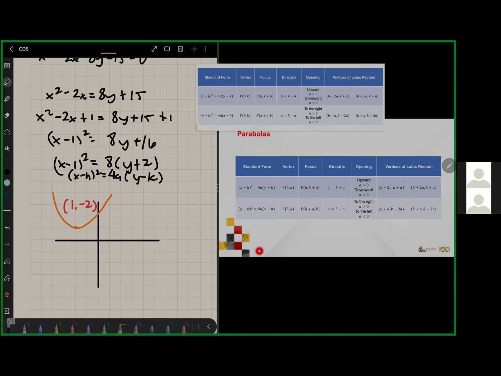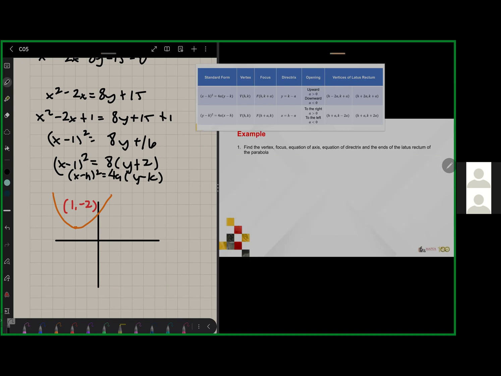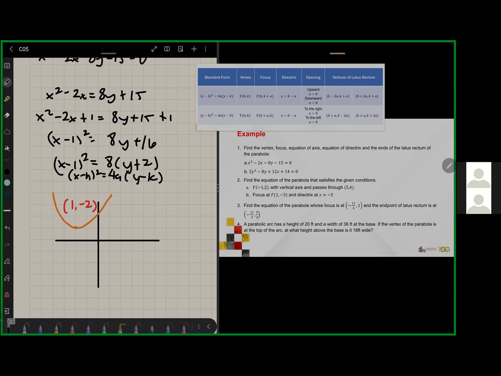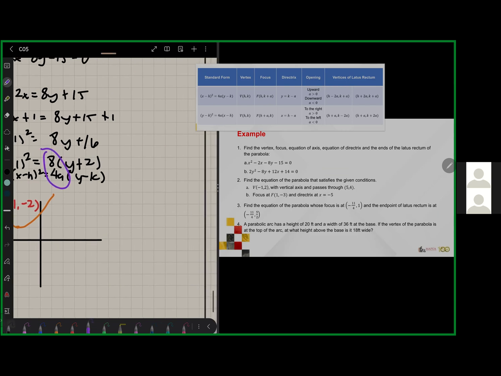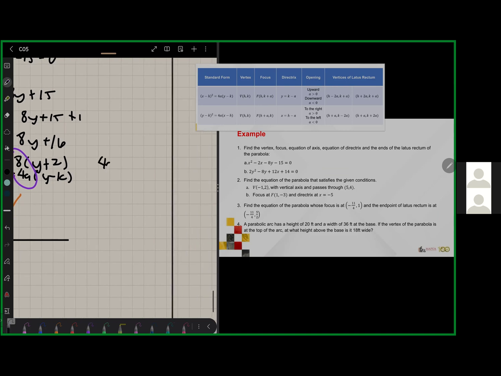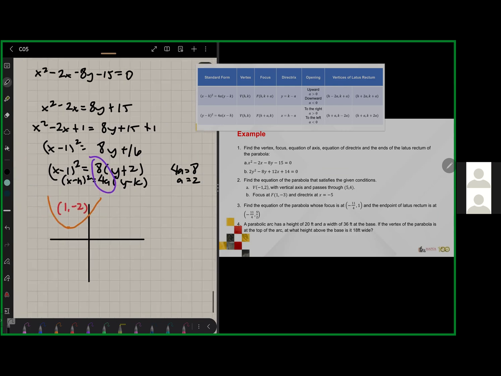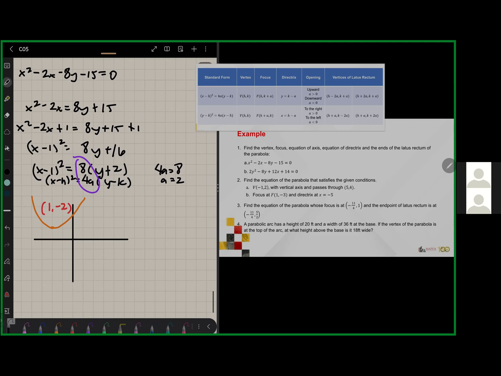So we have our standard form. This is our 4a, our 8. So 4a is equal to 8. Solving for a, we have a is equal to 2.